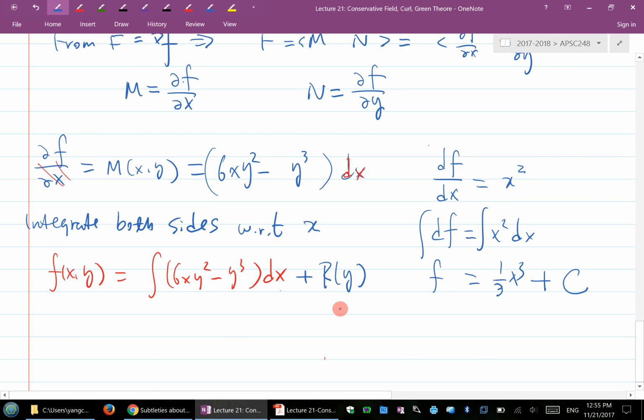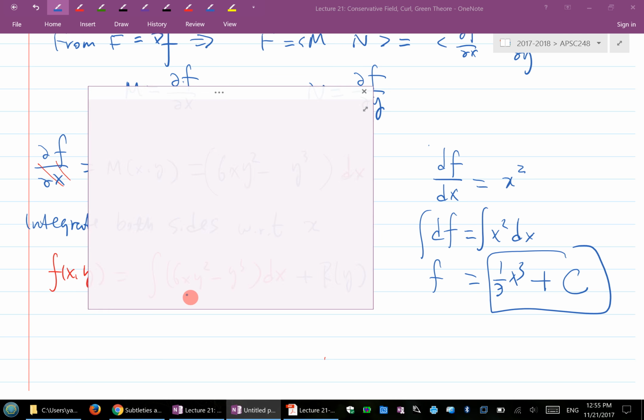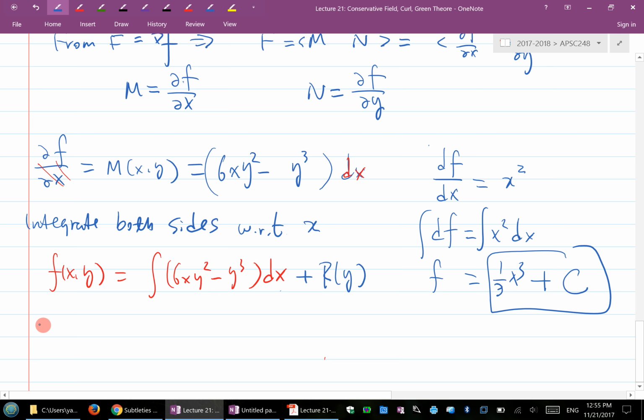Why? Because the idea is you take the derivative of this, then you get back to the x squared, right? Same here. The idea is you take the partial derivative of this with respect to x, and you're supposed to get back to this one here.